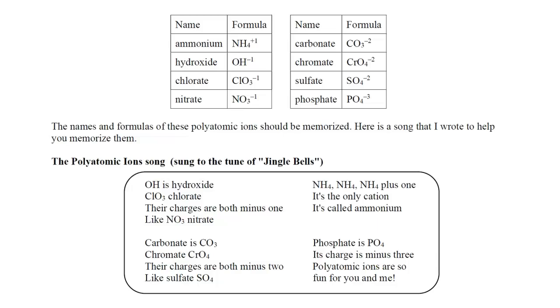The next part of the song groups together the polyatomic ions that have a charge of -2, and they are carbonate, chromate, and sulfate. Then there are only 2 more ions in our list. One of them is NH4, which is +1, and that's different from all of the others because all of the others are negative. This one is the only cation, it's positive. And there's phosphate, which happens to be -3.